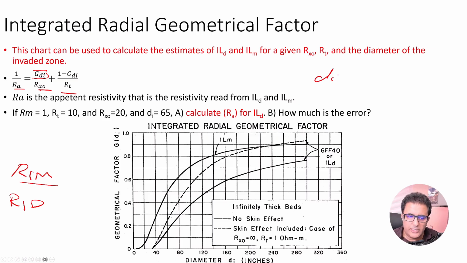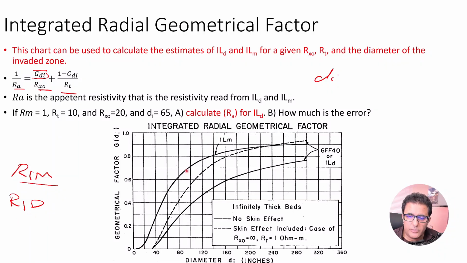What you see here, we have two curves. One of them is the lower curve, at the bottom, which is used to estimate the geometrical factor for deep reading, or RID.